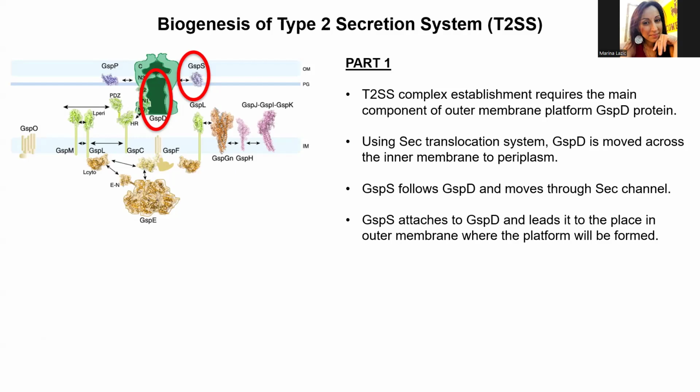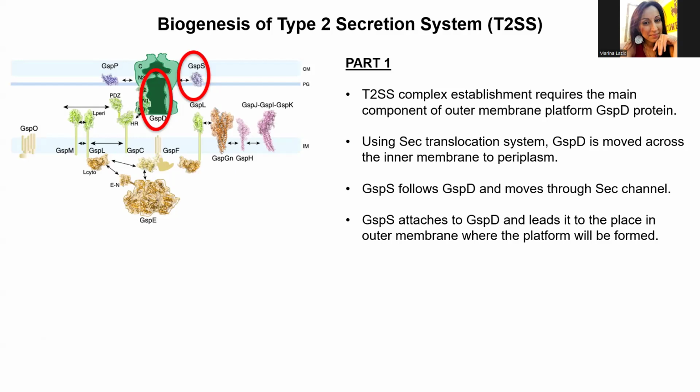So you have now S and D that are like analogs to TolC, and both of them are exported through the SEC channel. So S and D are attached to each other and embed themselves into the outer membrane, forming a pore, because that's a platform for substrate export.